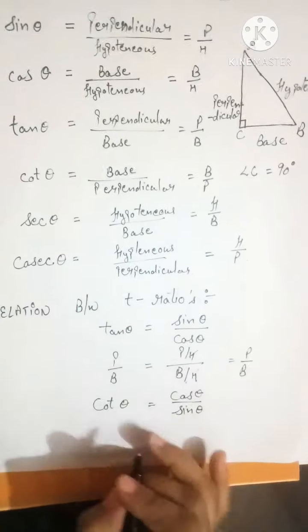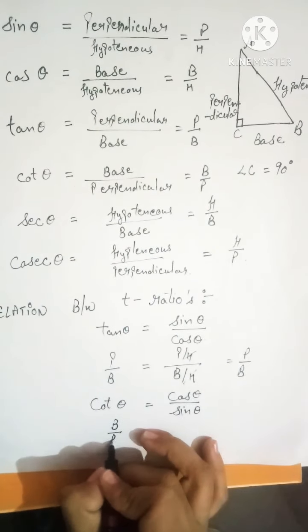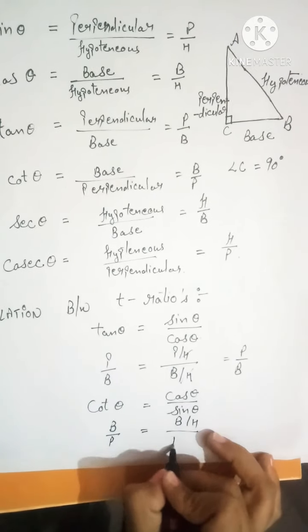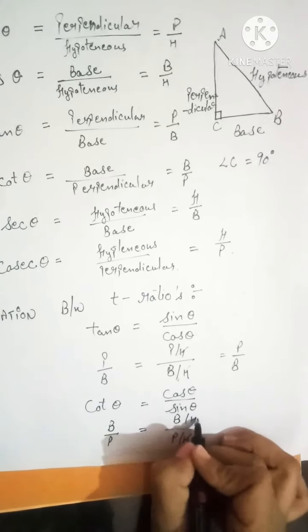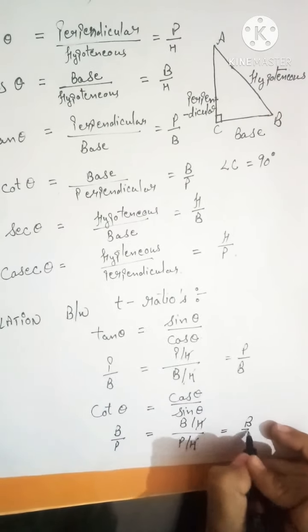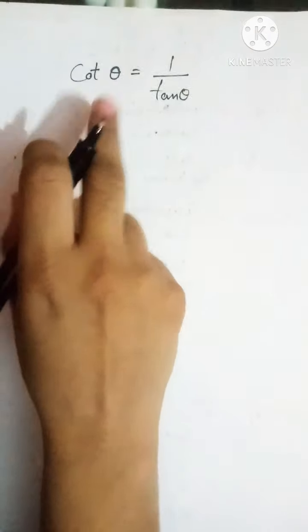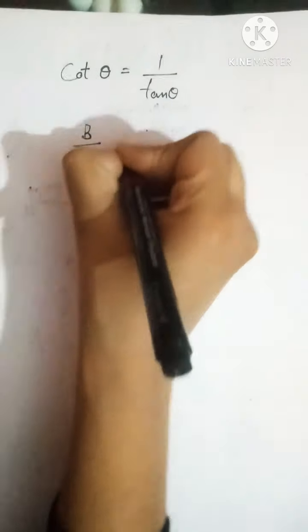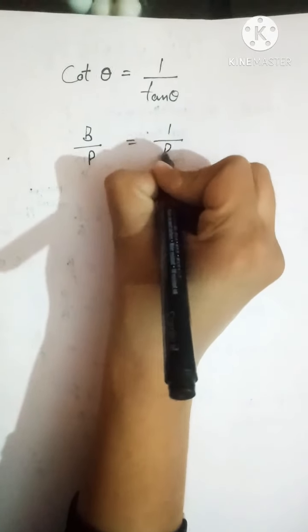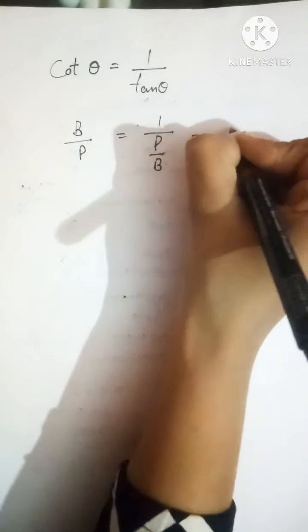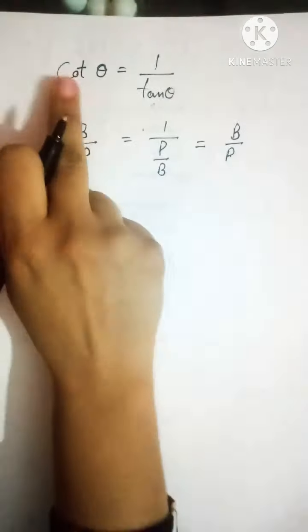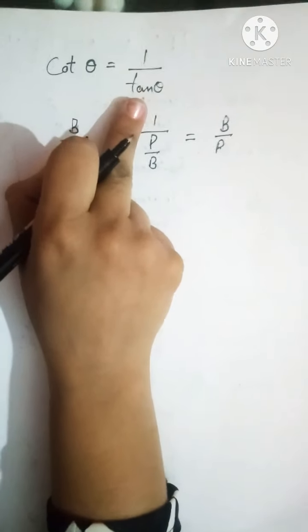We have cot theta is B upon P, and cos theta is B upon H. Sin theta is P upon H. Here H gets cancelled with H and we get B upon P. Also, cot theta is the reciprocal of tan theta. That is, we had cot theta is B upon P and tan theta is P upon B, so 1 upon P upon B, and we get B upon P. Those two are equal. It means cot theta is the reciprocal of tan theta.